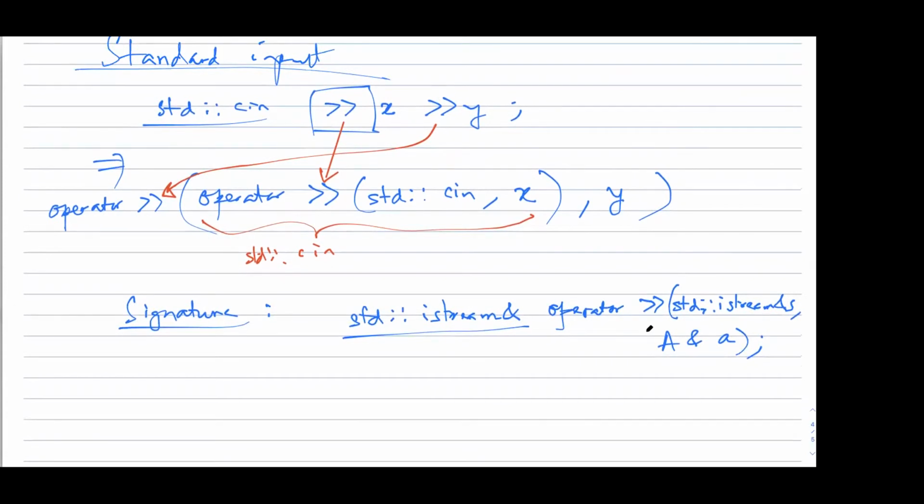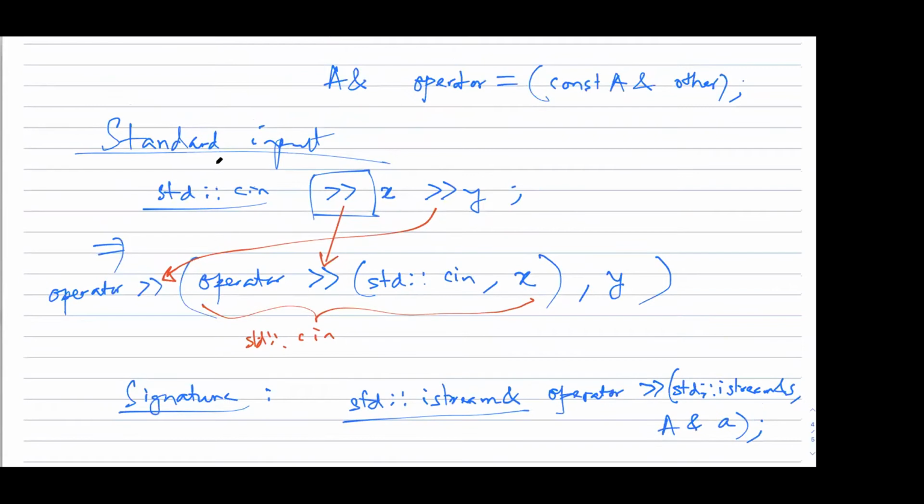Right. So the bigger picture is that when you have overloaded this, you can basically write straight away. Suppose I have a, right? You can write like this. So typically, if you have an int x and you write cin greater than x, we don't need any definition for it.